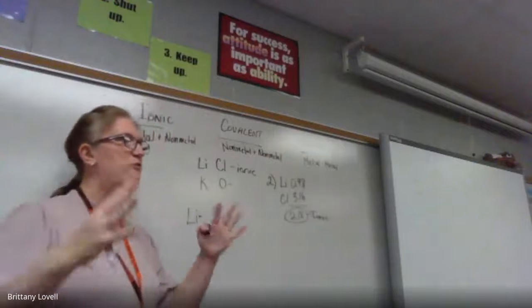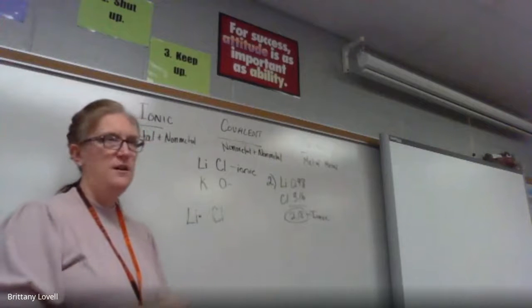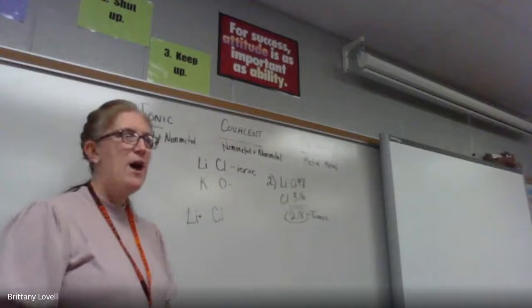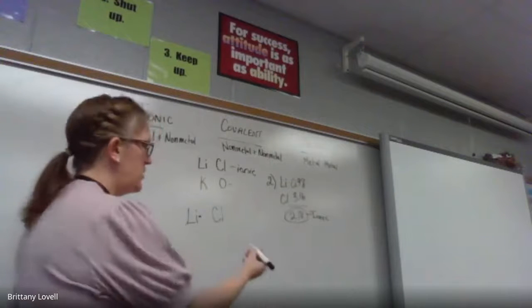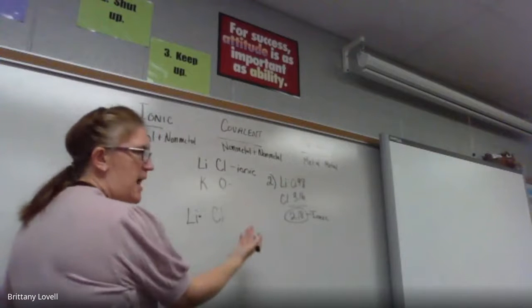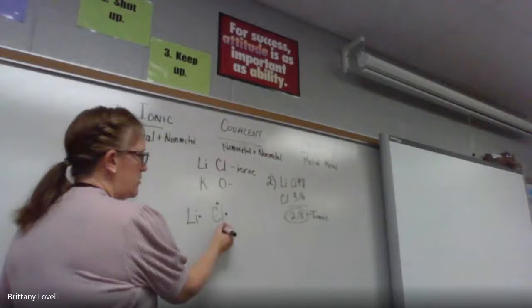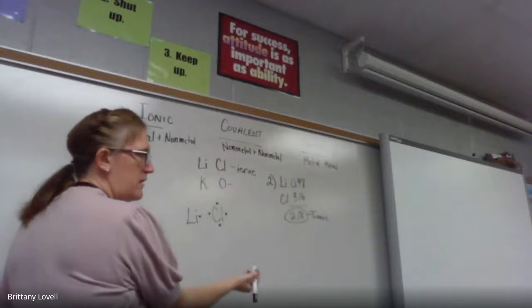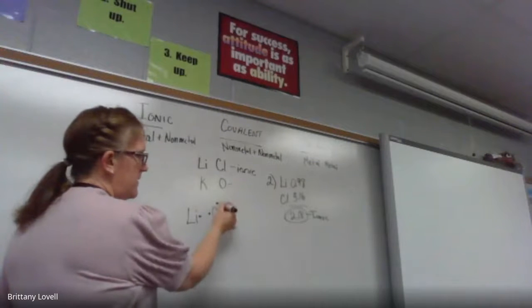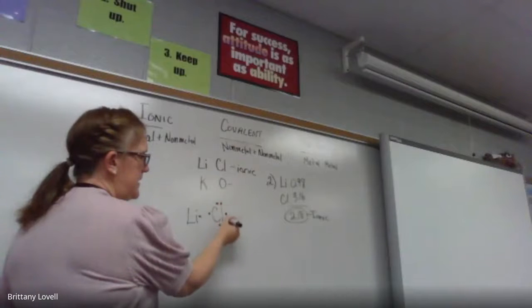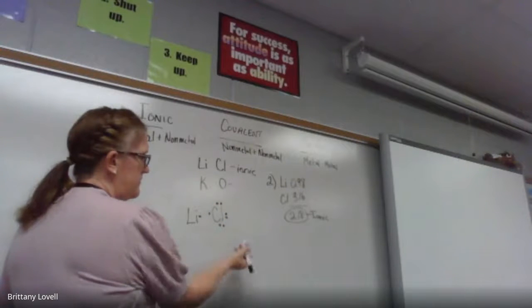Here's how I would like for you to draw these on. Okay, we're going to do a round robin. You're going to start on some side. I don't care where you start on the Cl, but you'll go 1, 2, 3, 4, 5, 6, 7.